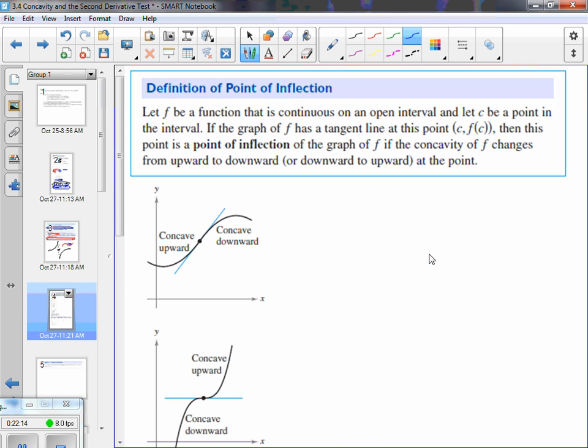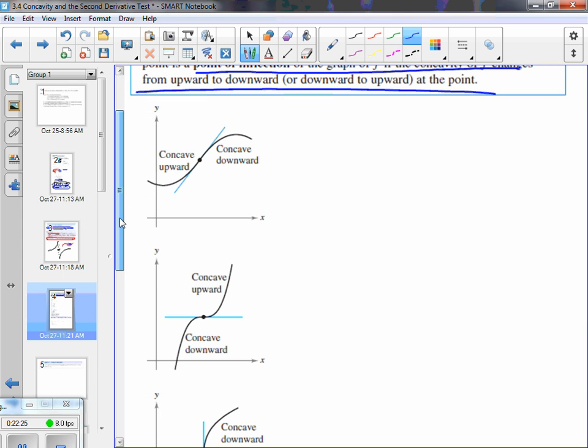All right. And there's our definition of a point of inflection. Okay? It's simply where the concavity changes. And again, visually, we can usually come pretty close. Right about there, the graph changes from up to down, which means the derivative changes from increasing to decreasing, which means the second derivative changes from positive to negative.